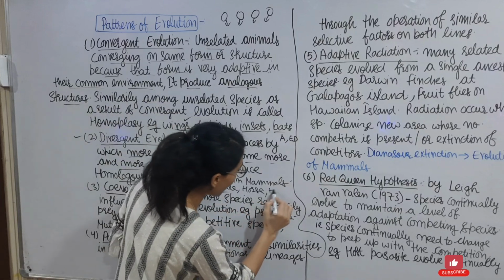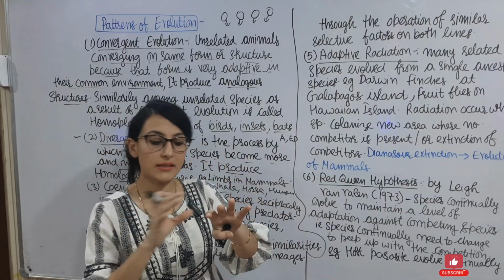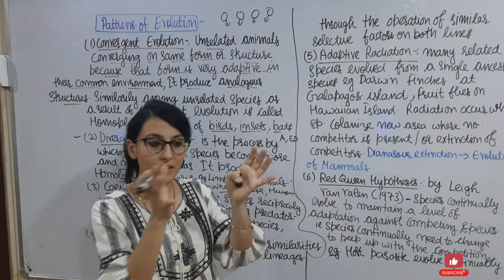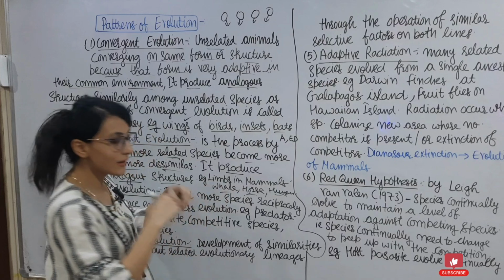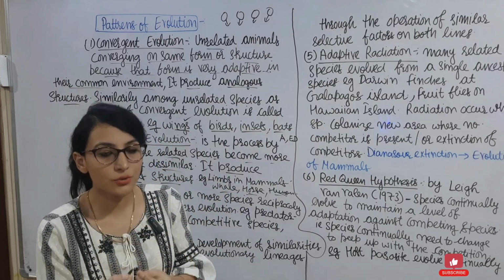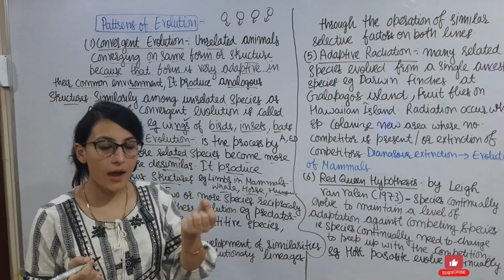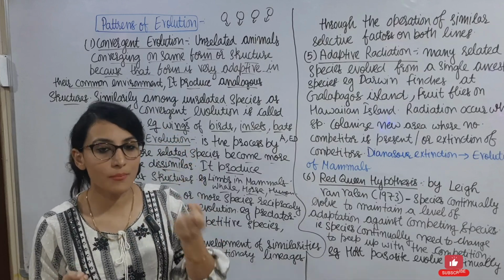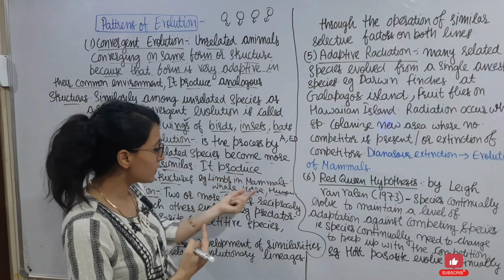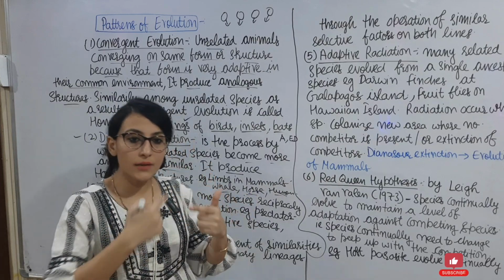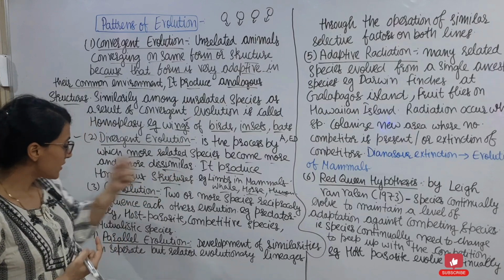Then the human, the front legs develop into hands which help in holding different objects. So all of these are mammals but their limbs are modified according to their habitat. So when structures have common ancestry and common embryonic development, but according to their habitat their organs differ in function and structure, this is called homologous structures.